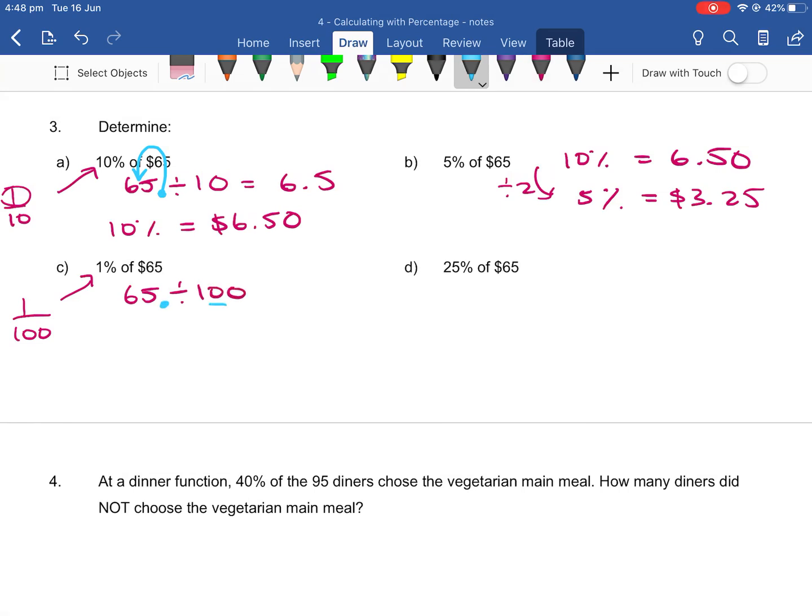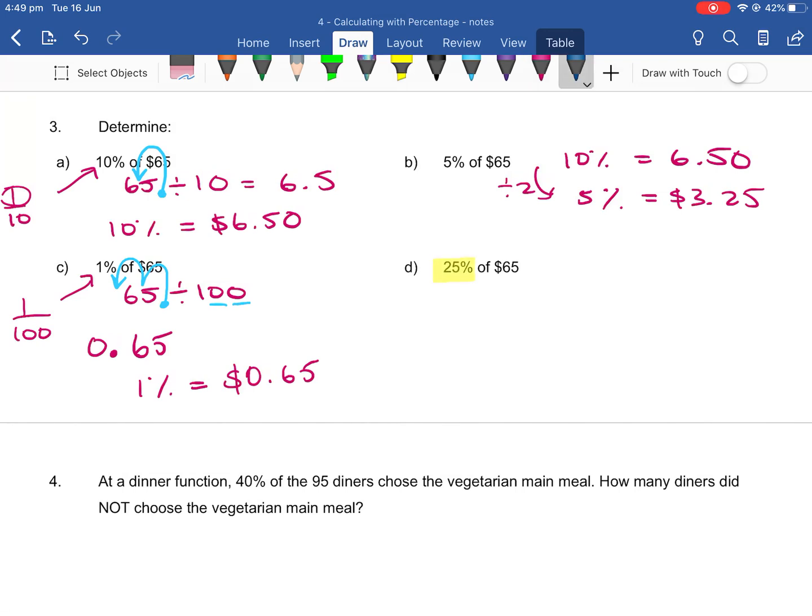So remembering, dividing by 100 is removing 2 place values. So we're going to move 2 place values to the left, drop our decimal point, and we get 0.65. So that means in money terms, 1% is 65 cents. That's going to be really helpful when we want to calculate things like 12%, 11%, 31%.